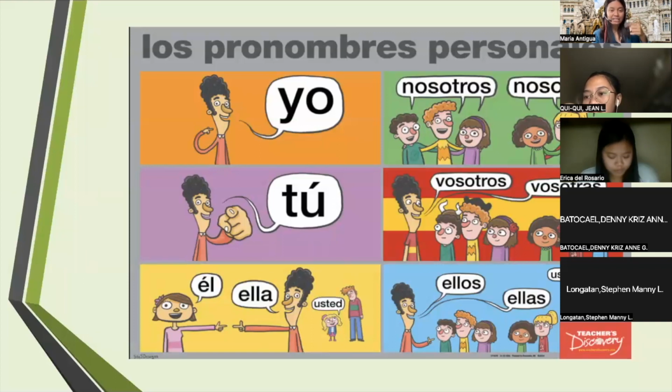He is pointing, the speaker is pointing at these boys and girls. And a girl is ellos. And then he is pointing at the two girls is ellas. And at the very back, ustedes. No, the little girl is talking to two older adults. So ustedes. That's basically it. Correct? No? So far, so good?